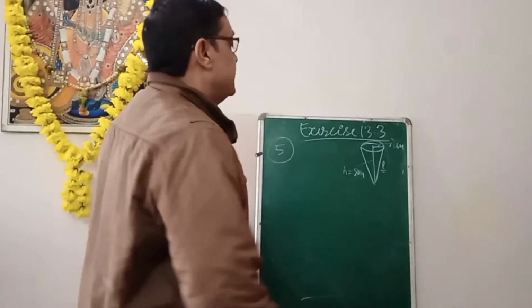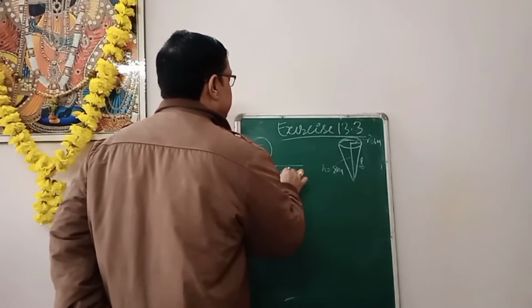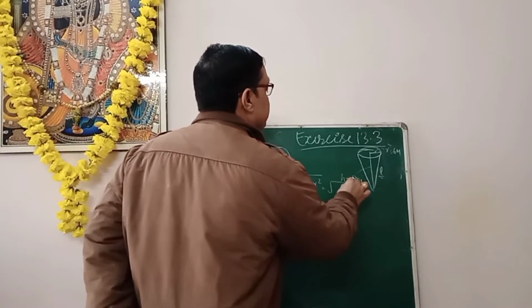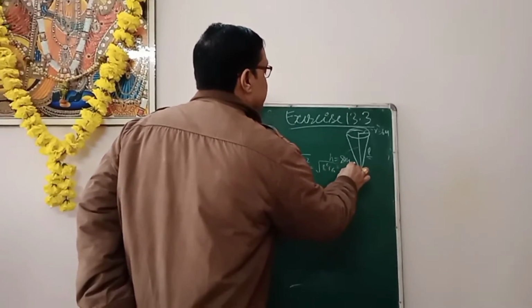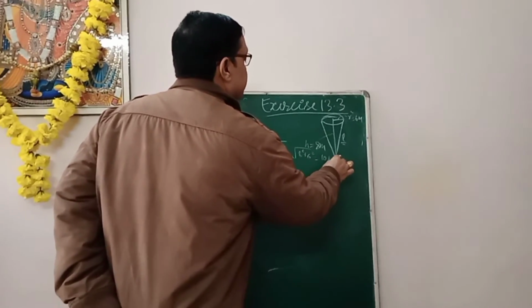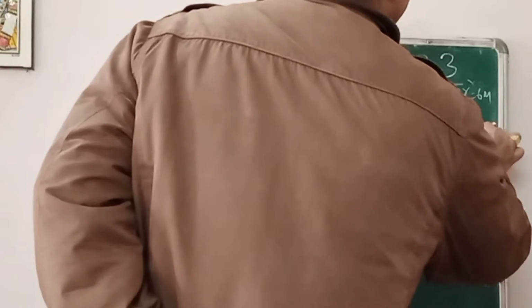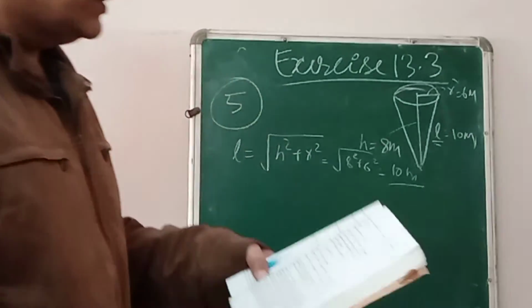So we need to find out. So we know that l is under root h square plus r square. So this is under root 8 square plus 6 square, and this will come as 10 meter. So now this is also known, this is 10 meter.